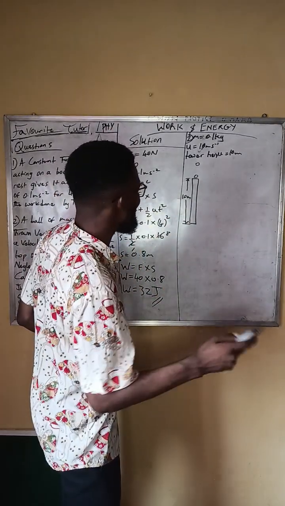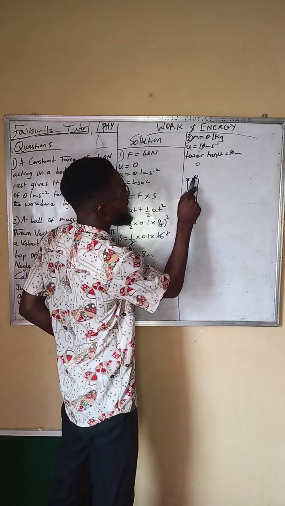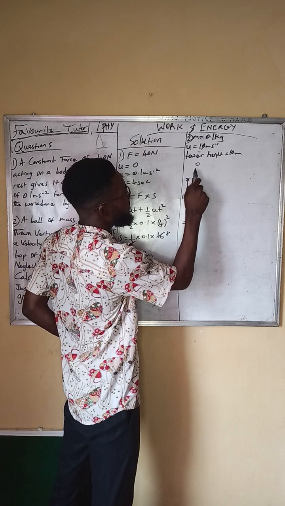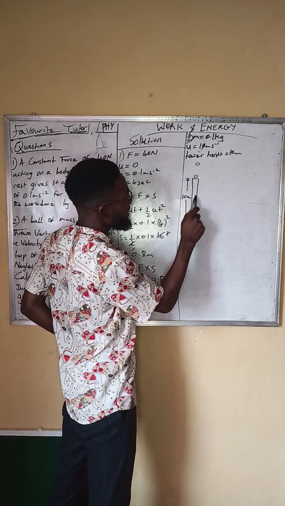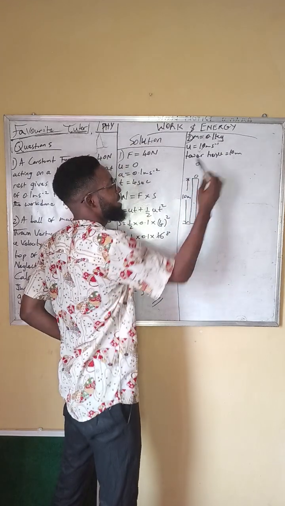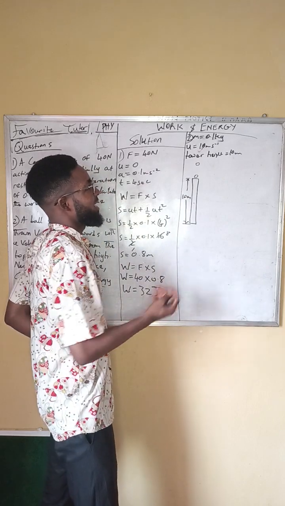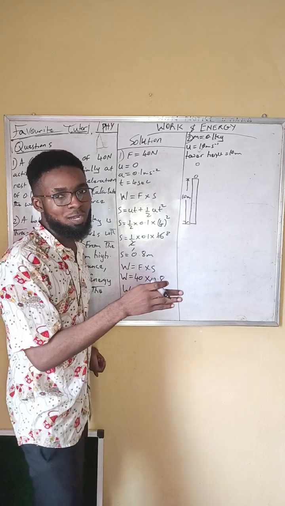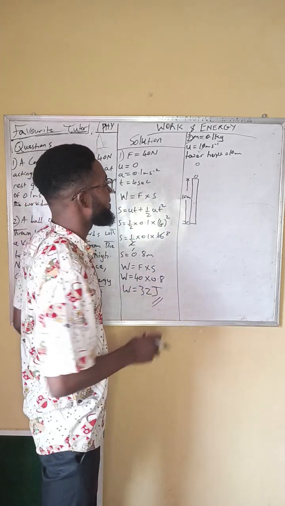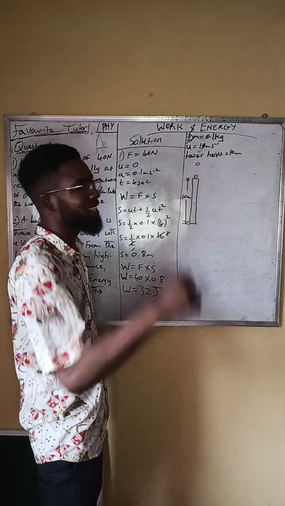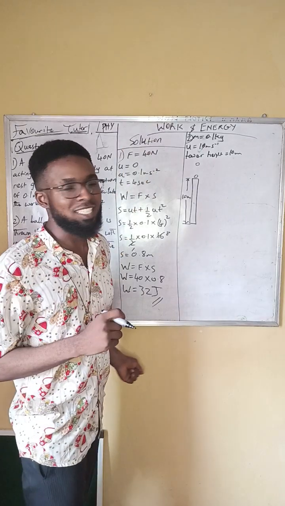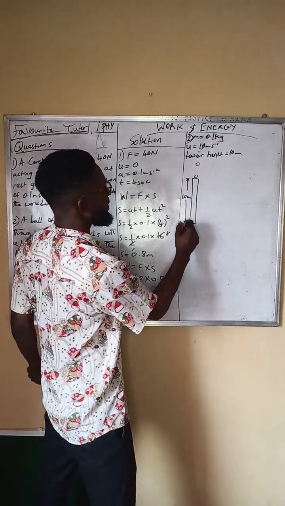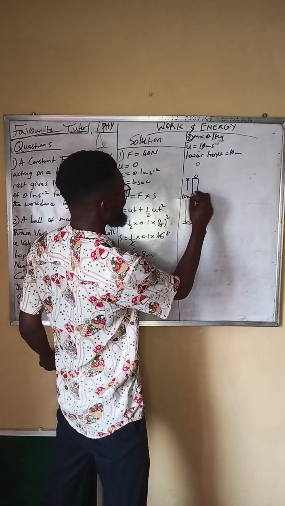So we calculate the distance from where the ball is to the top, then add it to the tower height to get the maximum height. Then we go straight to the gravitational potential energy, and we have the total energy, because at maximum height, total energy is potential.